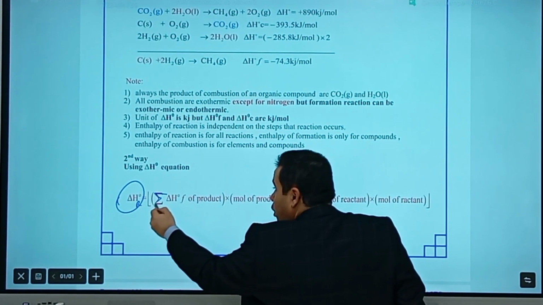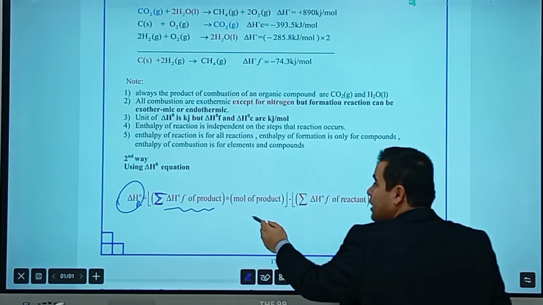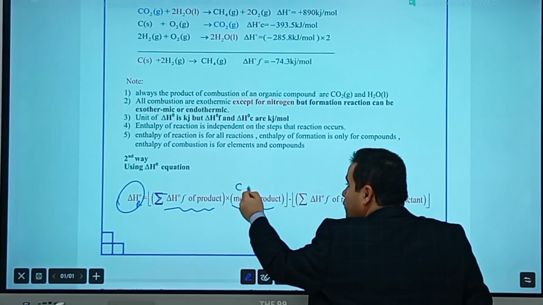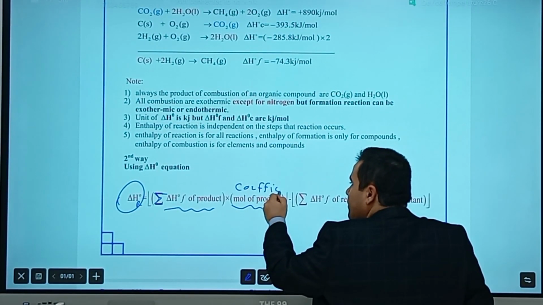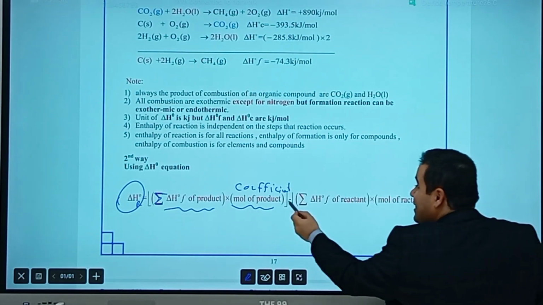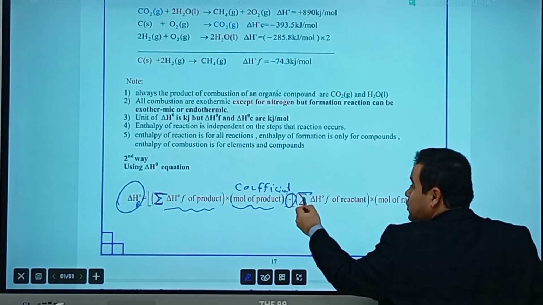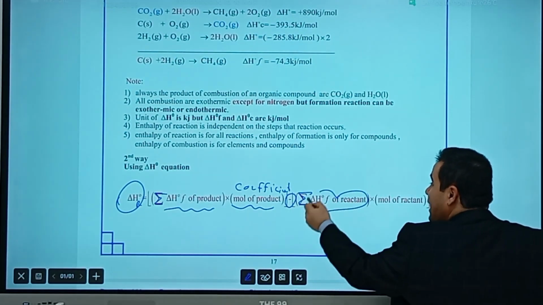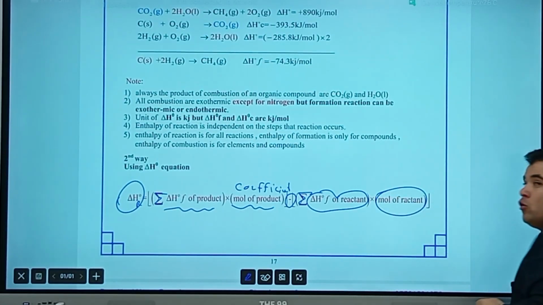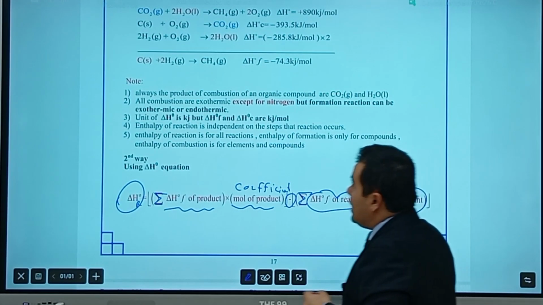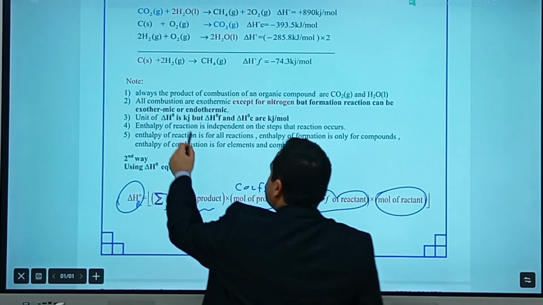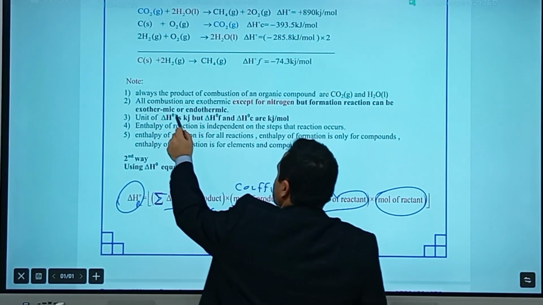The summation of the enthalpy of formation of the products multiplied by the mole. The mole is the coefficient, guys, minus the summation of the enthalpy of formation of the reactants multiplied by the mole of the reactant. We will be using both ways. Let us take these notes, and then we will be solving questions.